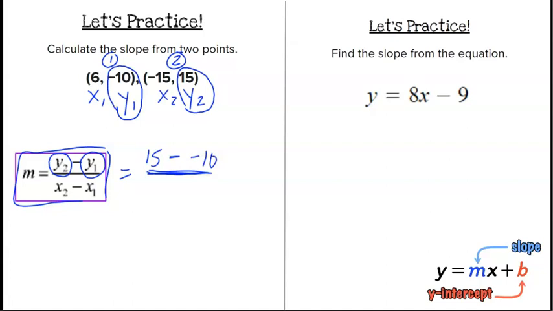So on the top we have 15 minus -10. Now we can do the same thing with our x values. We want x2. So I find my label of x2, which is -15, minus my value of x1, which I realize is 6. And now we just have to do the mathematical operations.